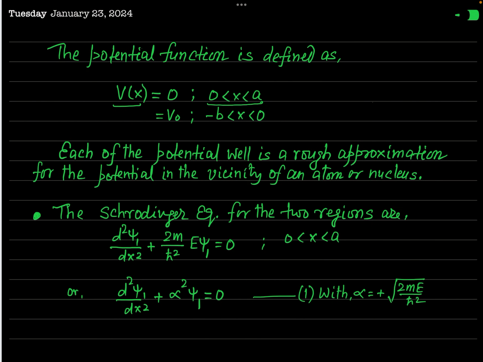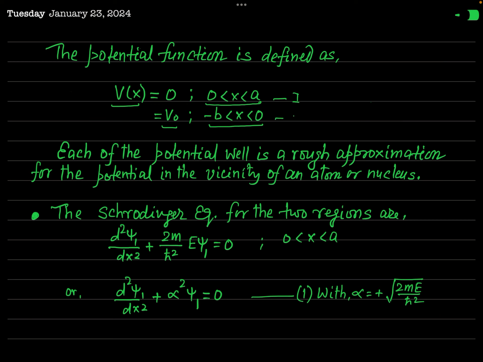So this is your first region, this is your second region. Now we will write down the Schrodinger equation in these two regions. Actually, here each potential well is a rough approximation for the potential in the vicinity of the atom or nucleus, as I have told you earlier.